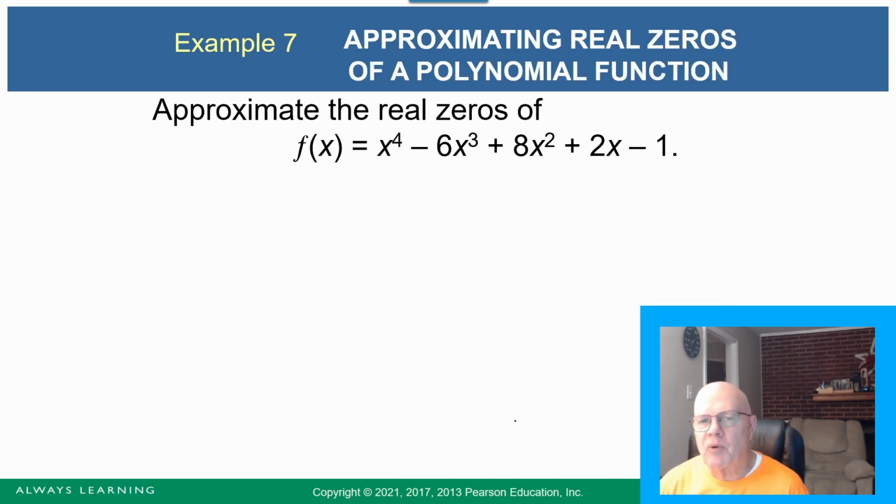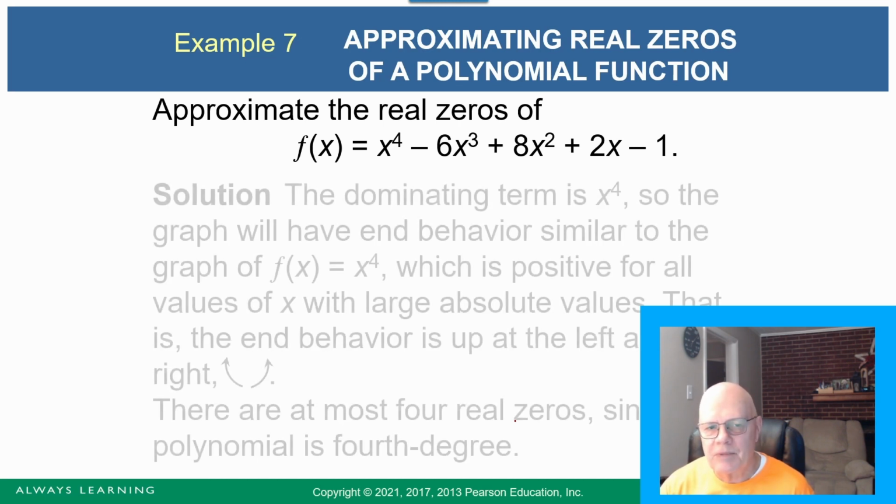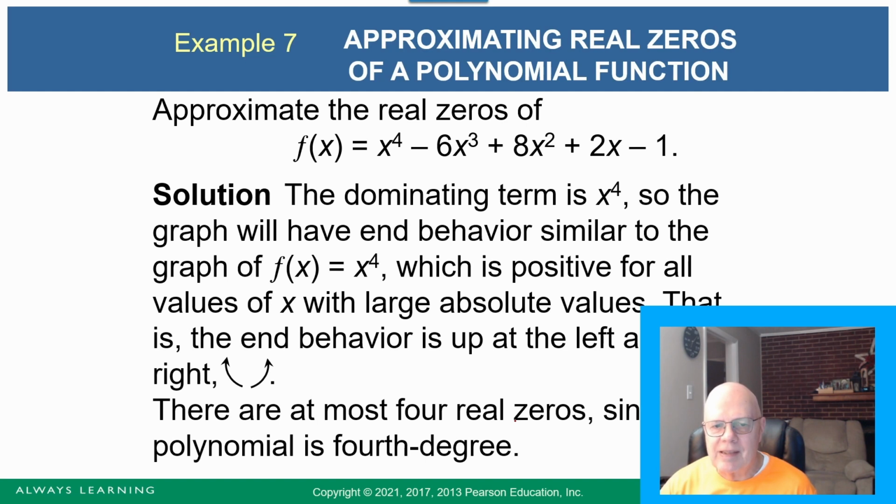So approximate the real zeros of this one. Remember, we can make a list of possible ones. Let's see, what's the end behavior? Well, because this is x to the 4th, that's an even one, and it's a positive x to the 4th, so this will be the end behavior up on either side.